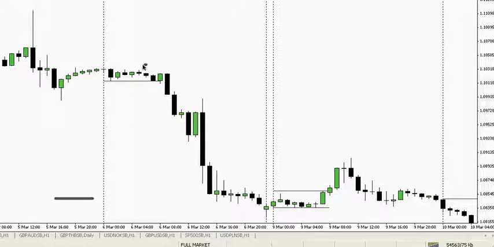Essentially what we're doing at the moment, let's say we took this reversal trade short here, and then price comes down, and let's say we haven't taken profit and now we take this long here. Now normally we only have a maximum of one short and one long open at a time.